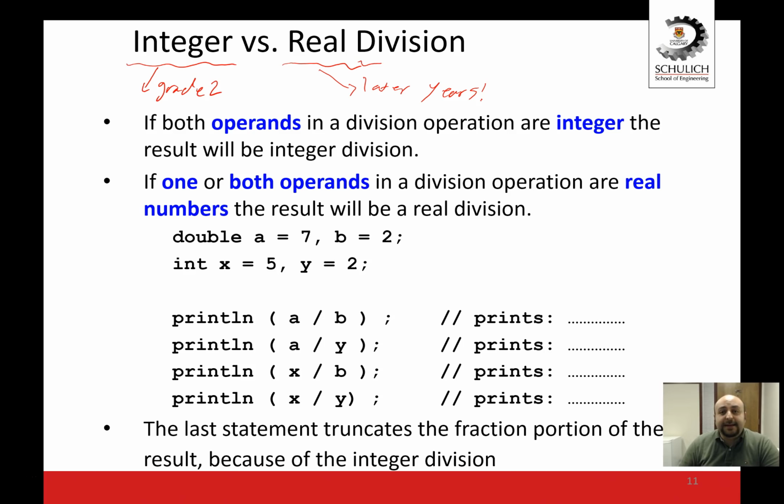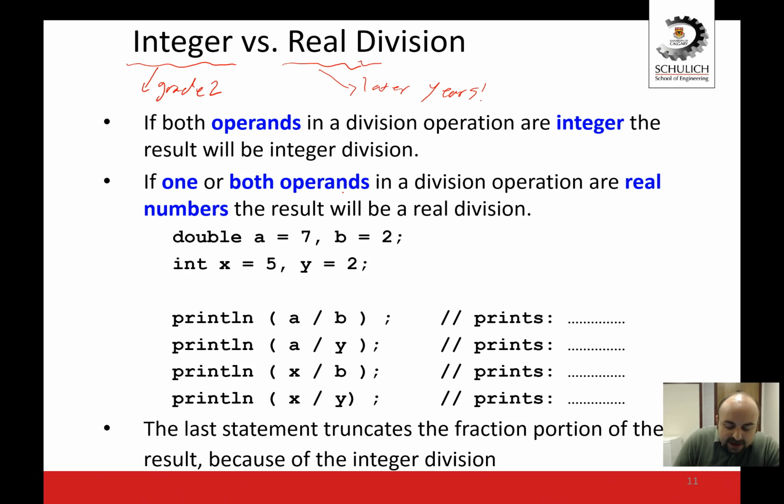Basically, if one or both operands in a division are real numbers, the result will be a real number. If they're both integers, the result will be an integer. So integers can have remainders, and real numbers can have decimals.